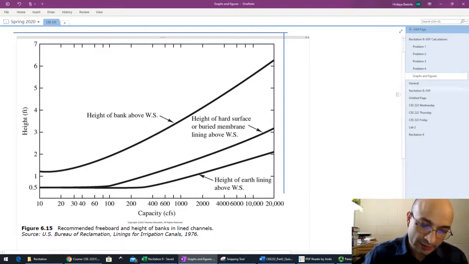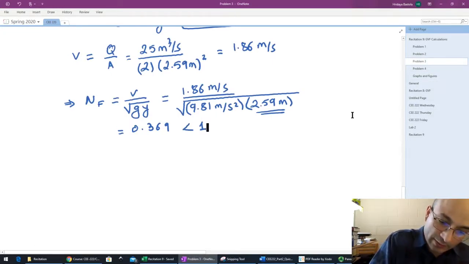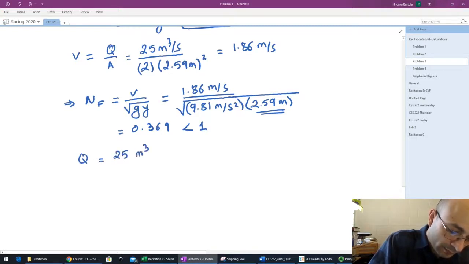In our case, the figure is in British units, so let's convert our Q into British units.